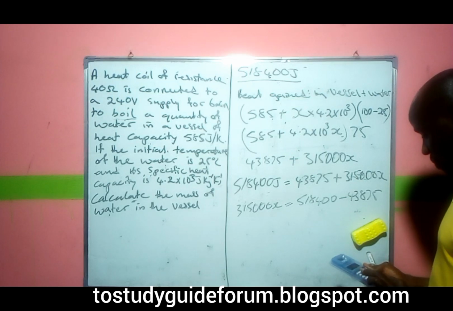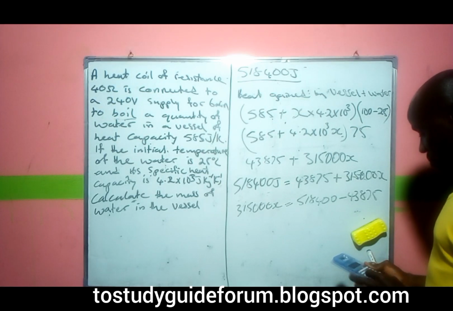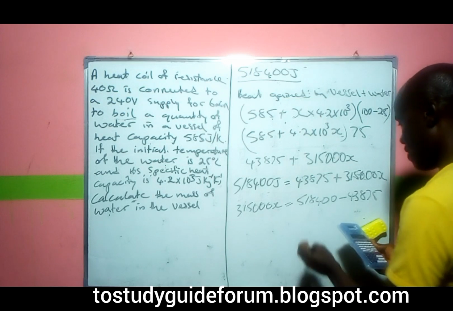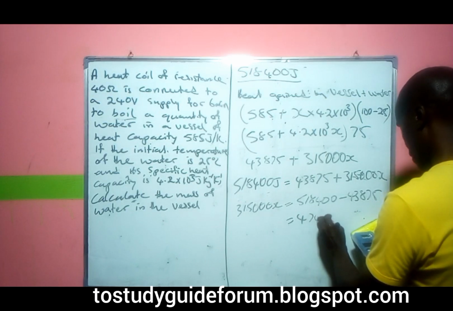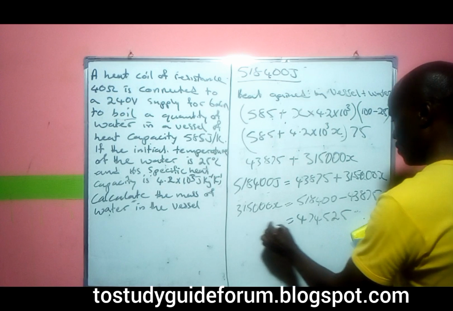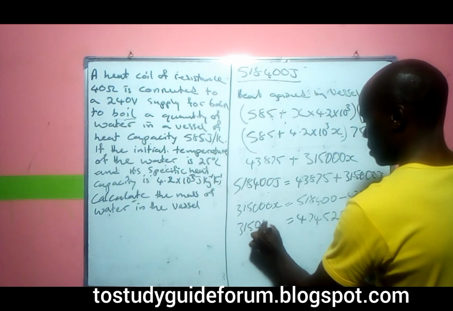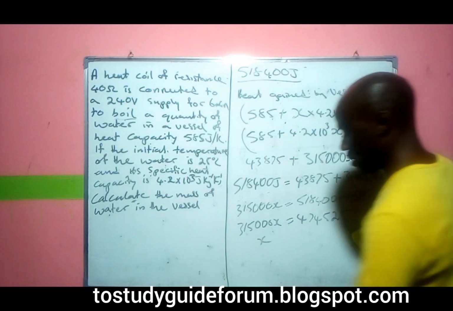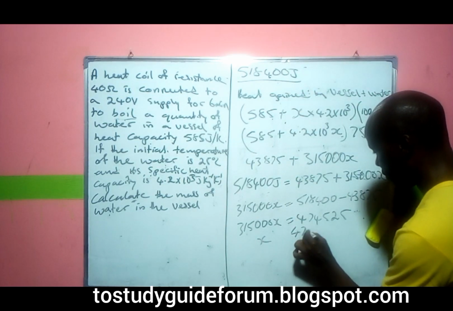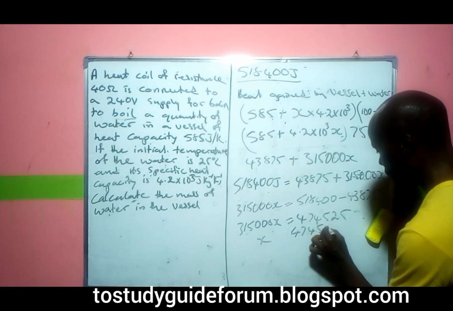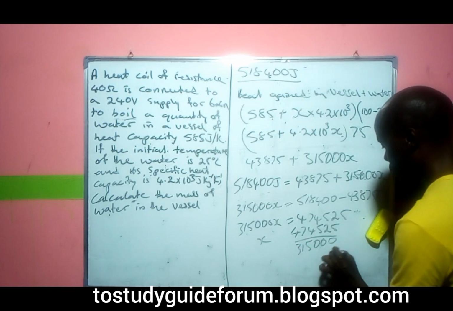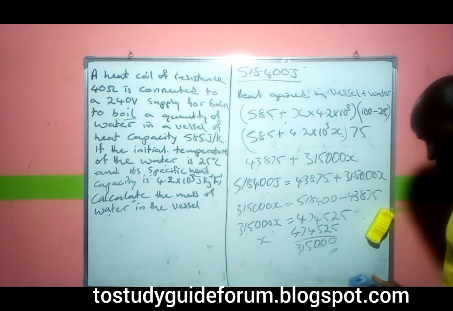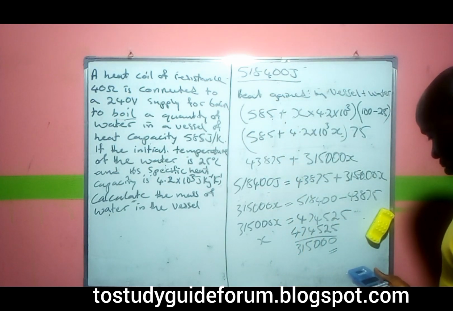So when we subtract this, let's look at what we get here. 518,400 subtract from 43,875, we have 474,525. Then to find the value of x, we have 474,525 divided by 315,000.